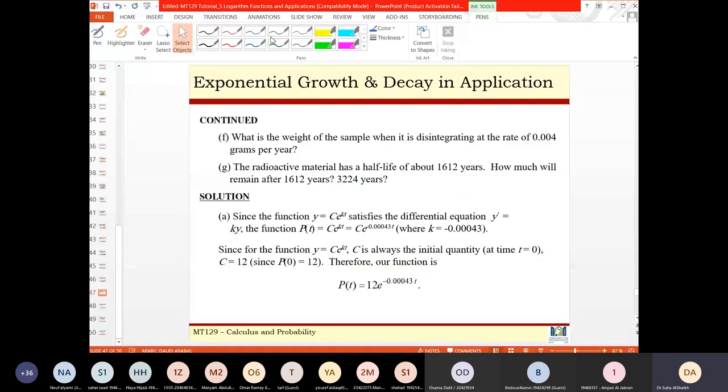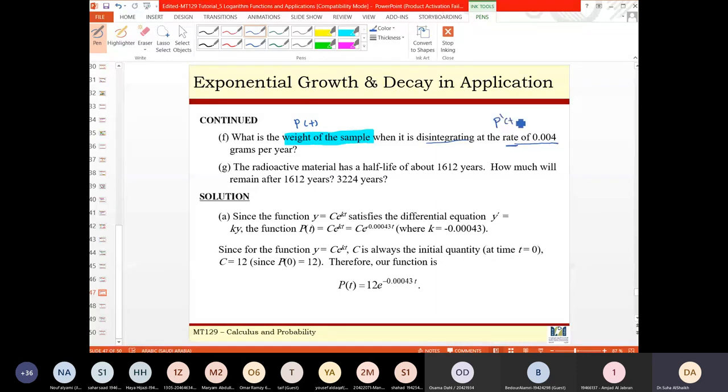Part F: now, what is the weight of the sample? I'm talking about P of T when it is disintegrating at a rate of 0.004 gram per hour. Disintegrating means decreasing, so the rate is equal to 0.004.